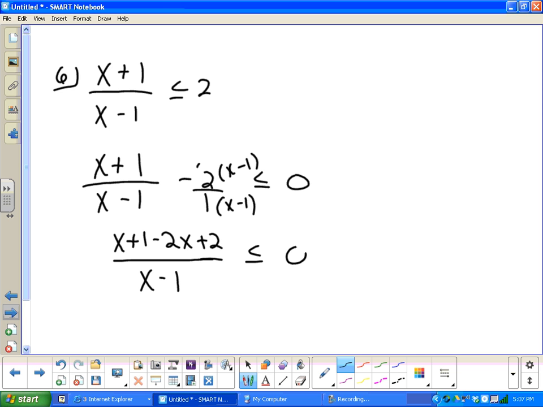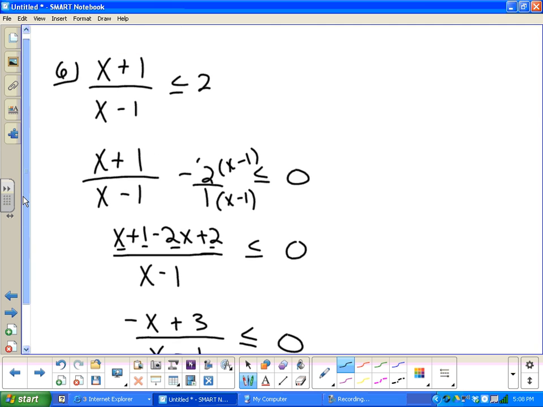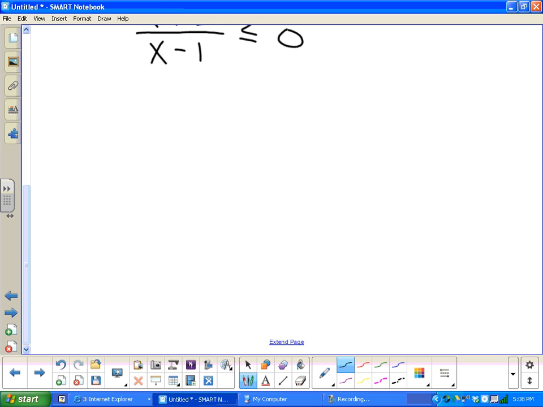All right, now let's clean up that numerator. So you'd say x minus 2x there would be -x, and then 1 and 2 would give me a +3. And now finally, it's a single fraction. So now it's more like a problem like the problem that you had in number 5. Okay, so from here it's not too bad, especially if you had got number 5 right.